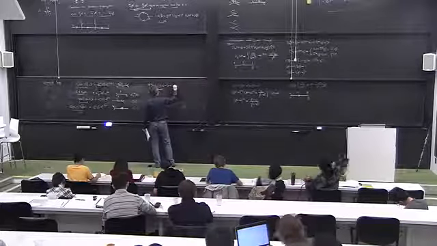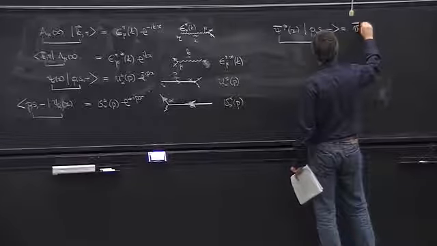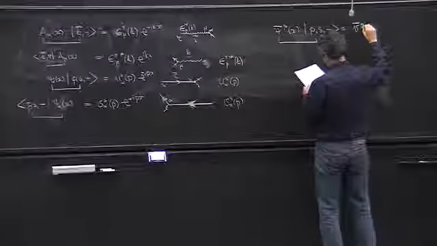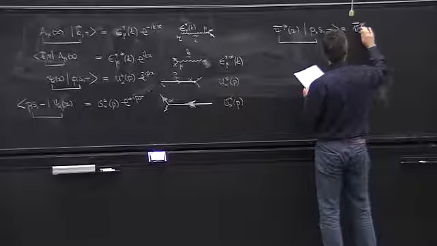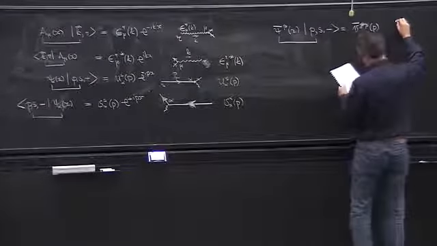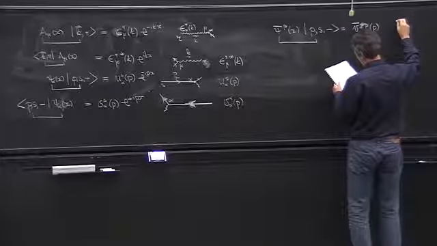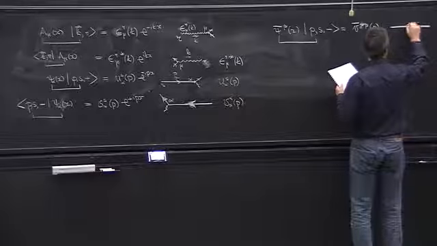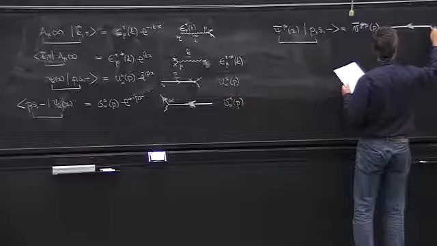That would be given by V bar s beta of p, and that would be represented by a line going out of the diagram.